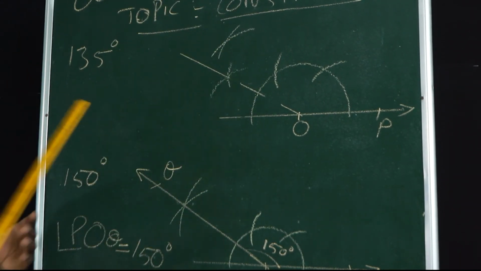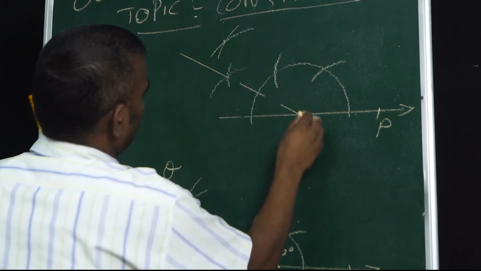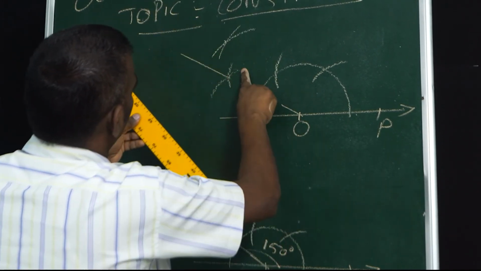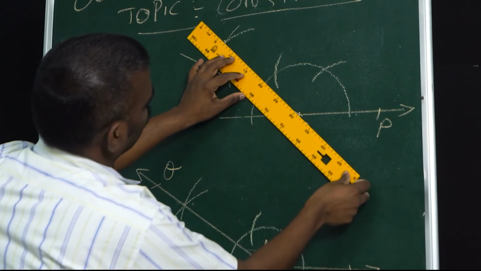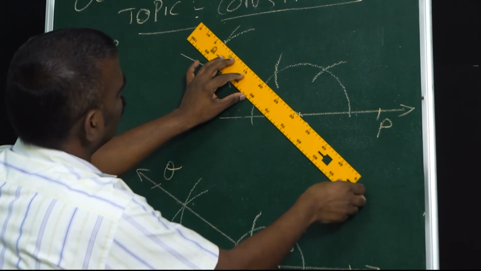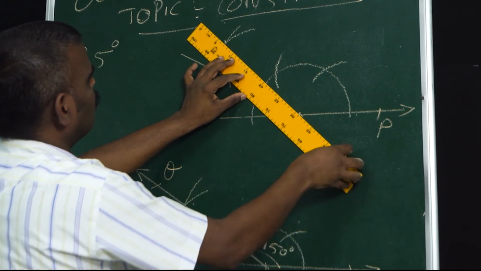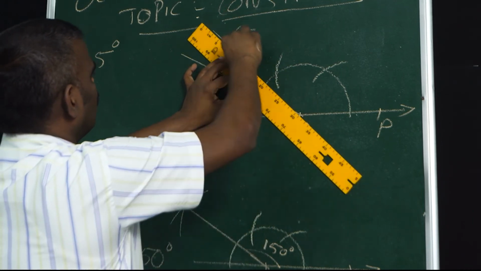And where both arcs are intersecting, that point and center O, draw a straight line.